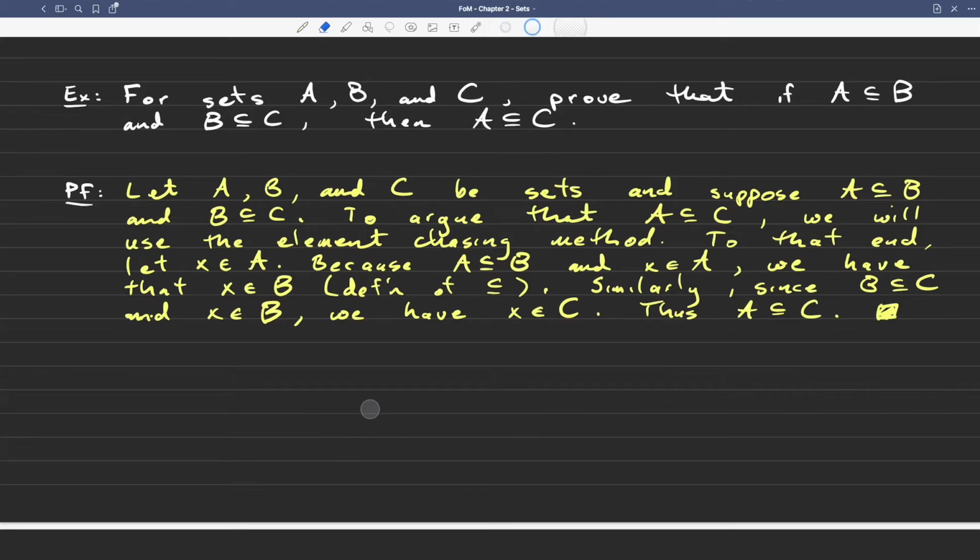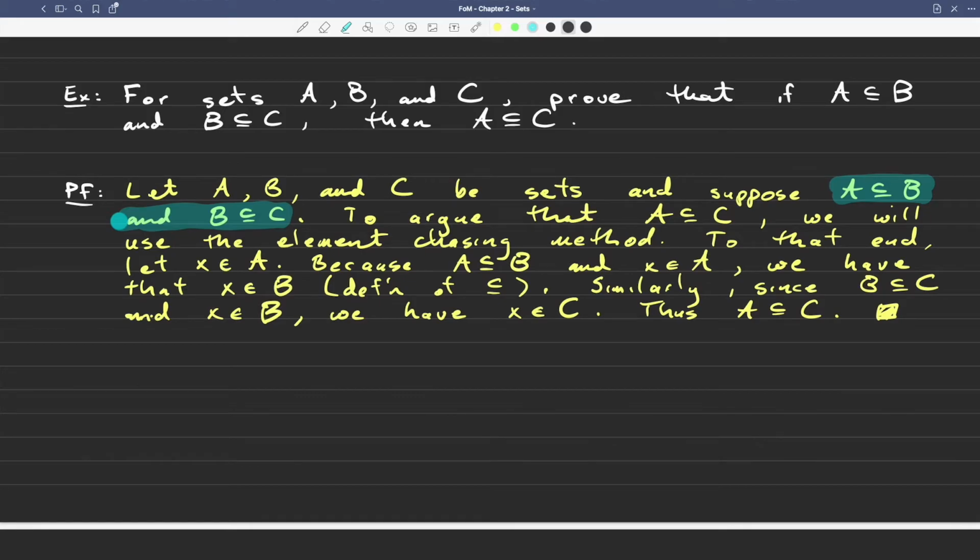So I want to point out a little bit of structure in this proof. There was a little substructure. So first of all, we were proving an if-then statement. And anytime you do an if-then statement, you suppose the hypotheses are true and you try to arrive at the conclusion. So let me use my highlighter here. So we suppose the hypothesis here and here.